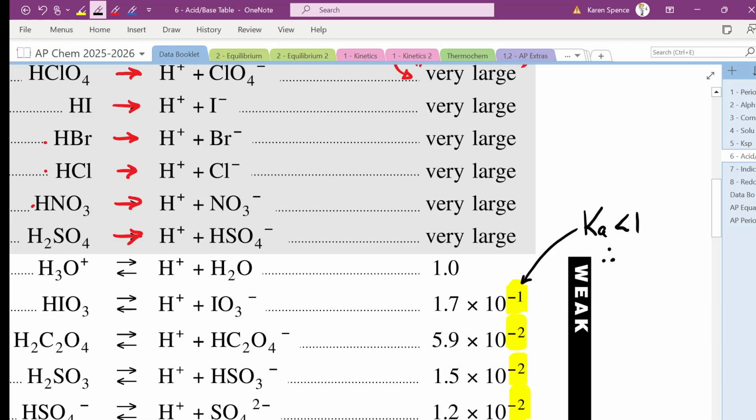If Ka is less than 1, what does that mean about products versus reactants? That means that the reactants are favored.